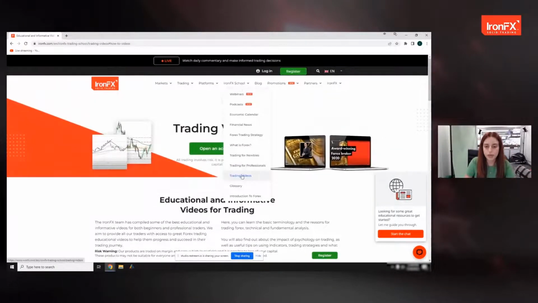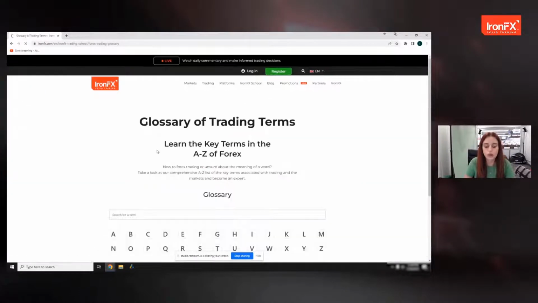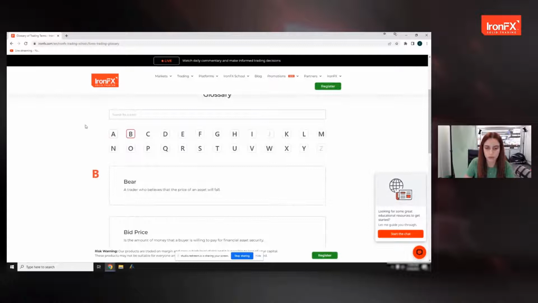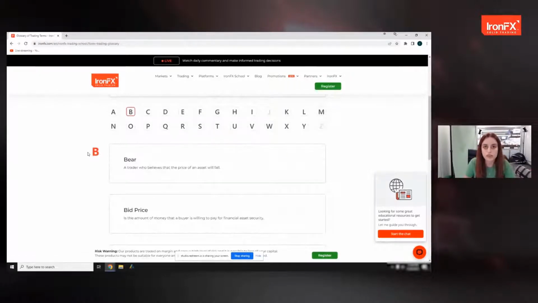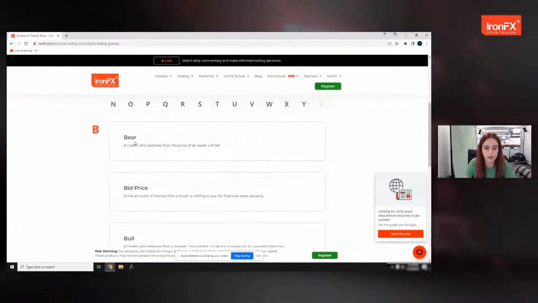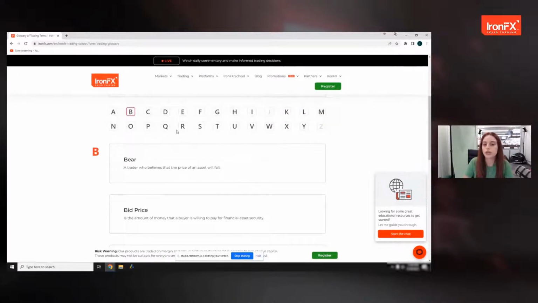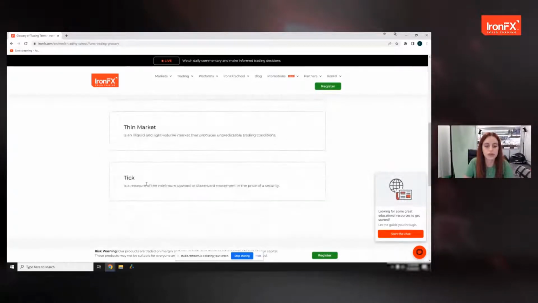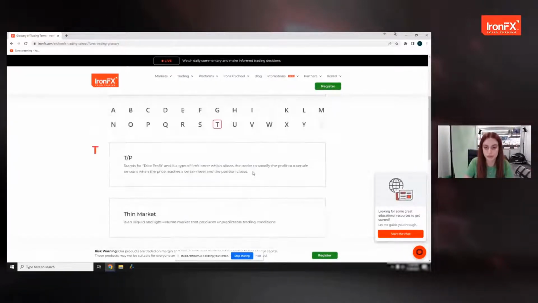Moving on, we have the glossary. So basically here, what you can do is that you can select a letter from the alphabet. Like let's go with B, for example. And here you have keywords when it comes to trading, like bear, a trader who believes that the price of an asset will fall. Then let's choose T. Then you have here the tick, is a measure of the minimum upward or downward movement in the price of a security.